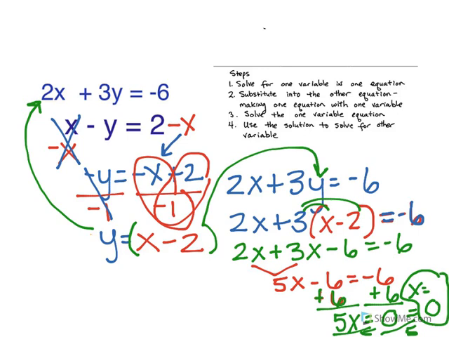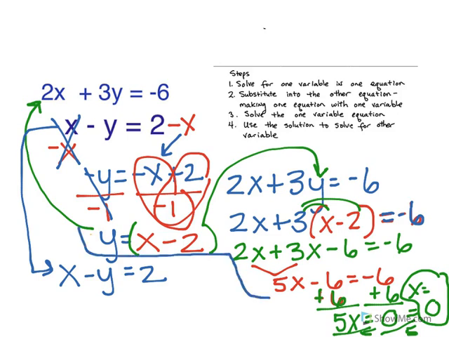So now we can use the variable that we solved for, x, and we can plug it into our original equation. Not any of the equations that I wrote out, but the original equation, meaning the typed out problem, which was x minus y equals 2. That is the equation before I did any arranging or any plugging in. So now I can plug in x equals 0 to solve for y.